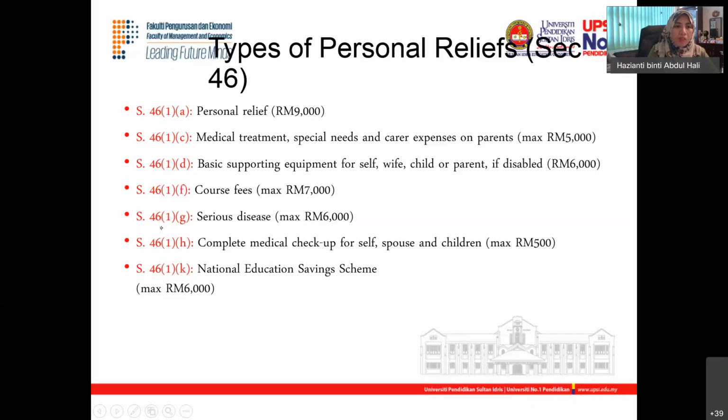Okay. 46.1G, serious disease, there are 33 critical illness ni kalau recognized by lembaga hasil ni. So if there is a treatment for serious disease, can claim up to 6,000 juga maximum.